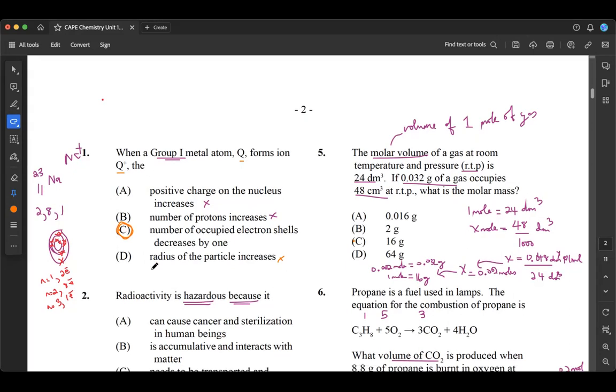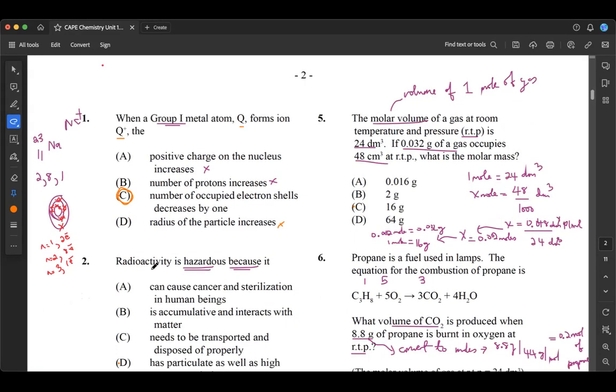Okay, so moving along to 2. 2 says radioactivity is hazardous because, is it because it can cause cancer and sterilization in human beings? Not really, that's not why we say it's hazardous. So that's not correct. Is it because it is accumulative and interacts with matter? Not particularly.